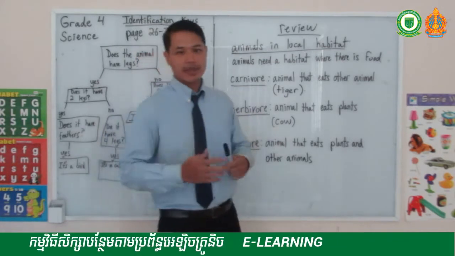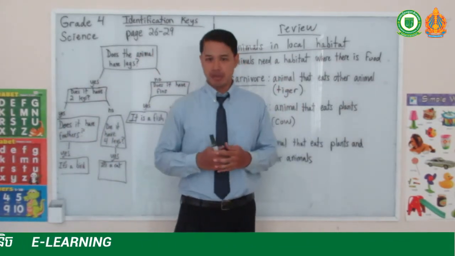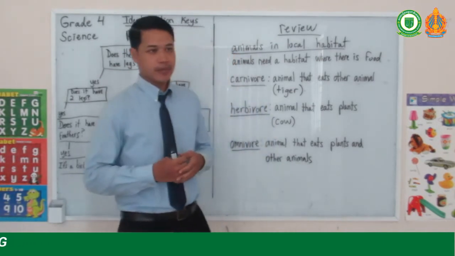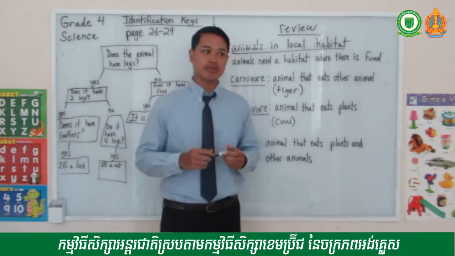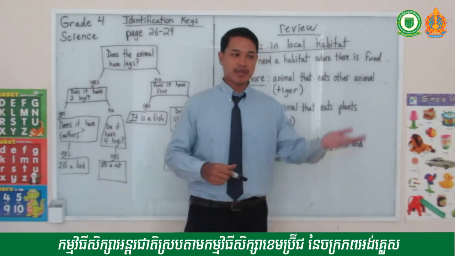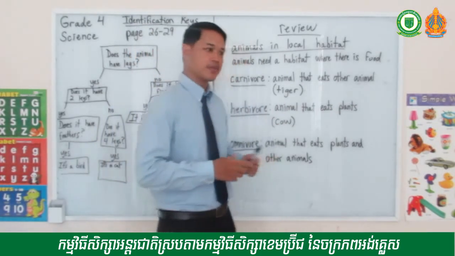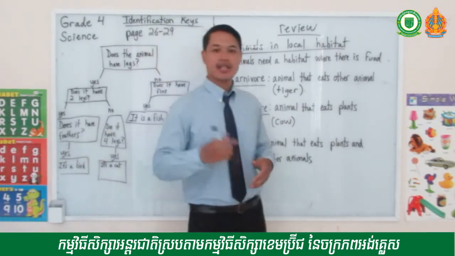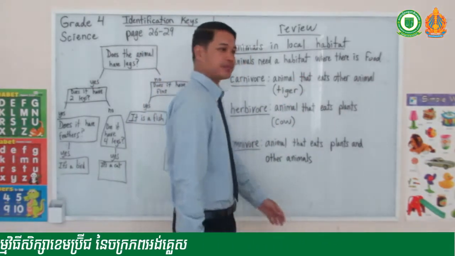Local habitat is the habitat that is close to us. An example habitat that is close to us would be the Mekong River, because a habitat is a place where animals live. So that's an example of a local habitat, the Mekong River.